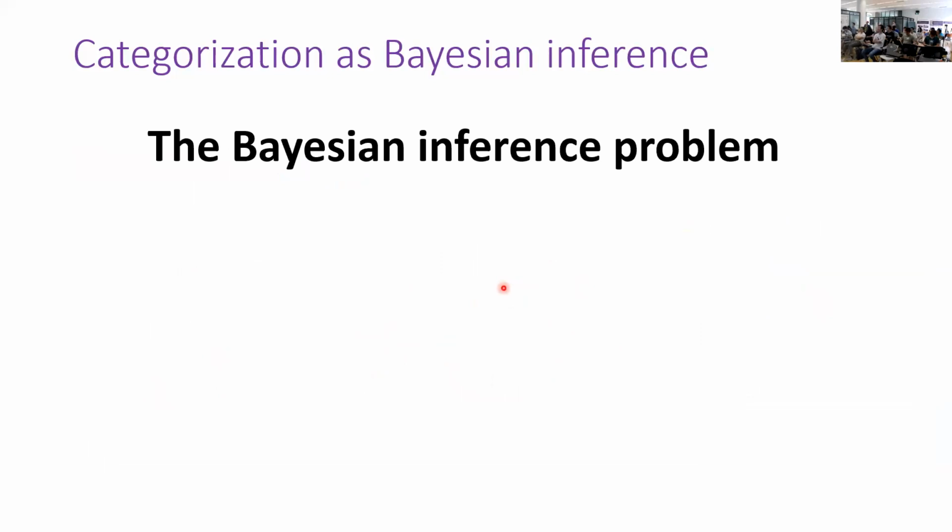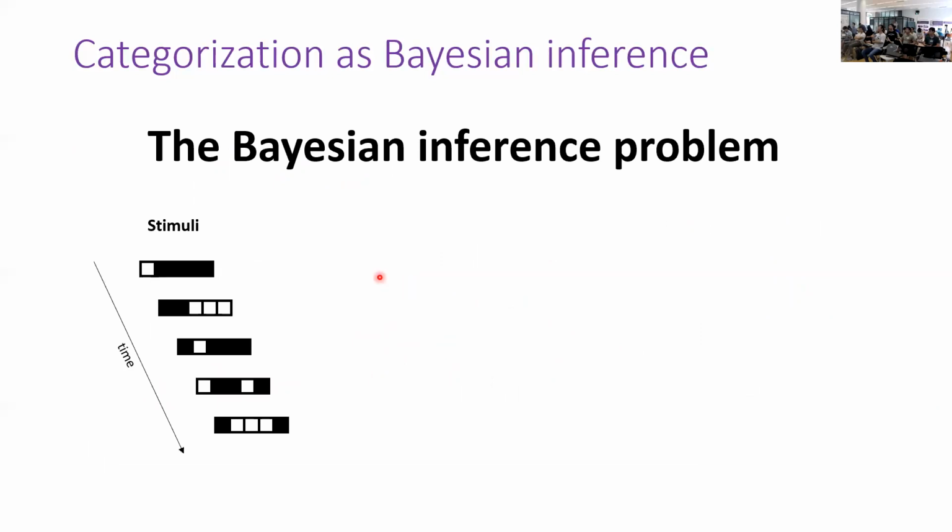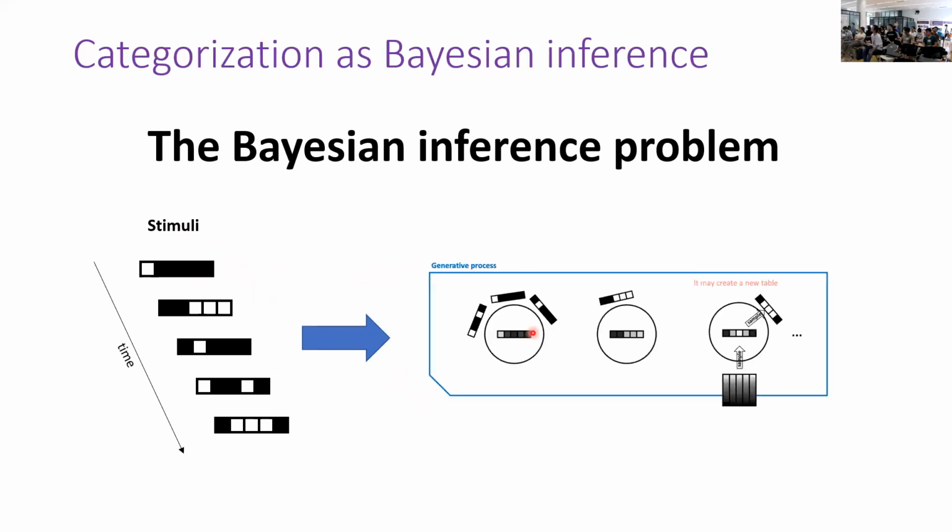Okay. So after we get the generative process, what's the Bayesian inference? The problem is the observer sees stimuli come in a sequence one by one, and the observer needs to categorize them, which means to assign them to different tables, if we equate the table with the category.